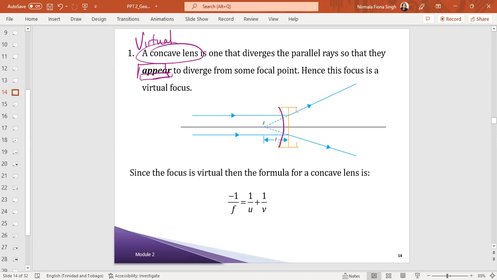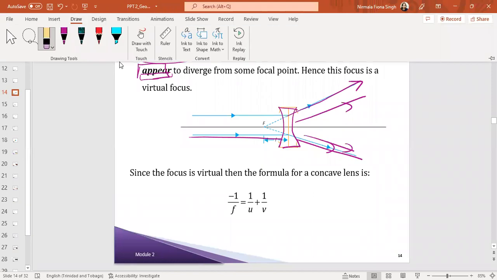We have our biconcave lens, right? And when we have light coming through your concave lens, the light is going to diverge. So that's basically how the physics works. That's what we mean by a divergent lens. As they hit the lens, the light rays move outwards and diverge, right?